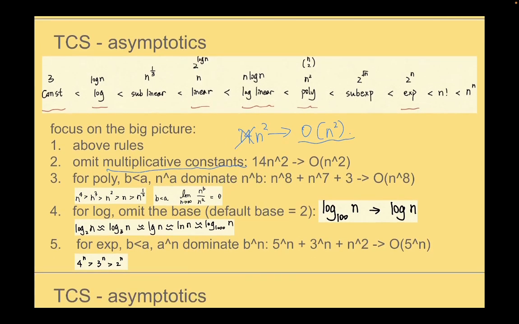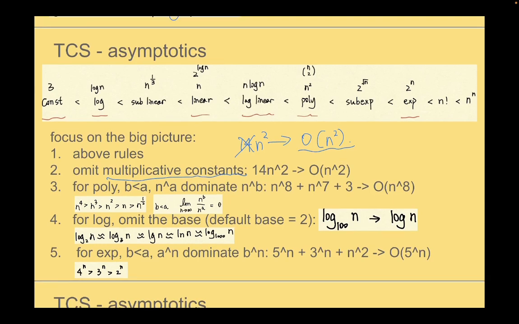And so for polynomials here, we only take the dominant part. So in polynomials, n to the 4 is bigger than n to the 3, bigger than n to the 2. So in the limit formula, we say that if b is less than a, then when n goes to infinity, n to the b divided by n to the a is almost 0.